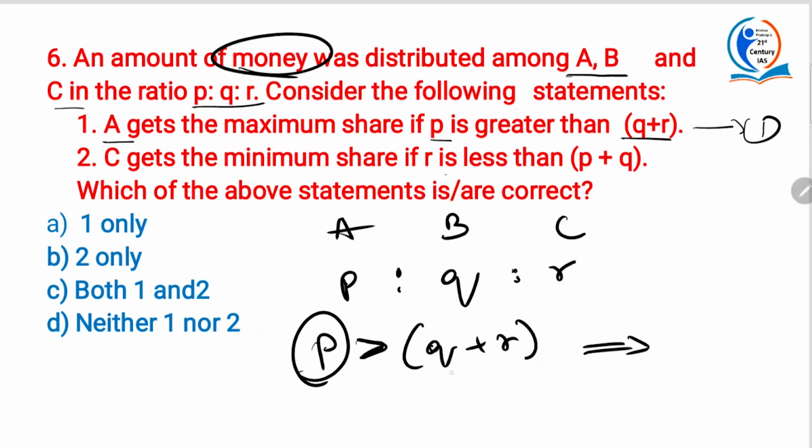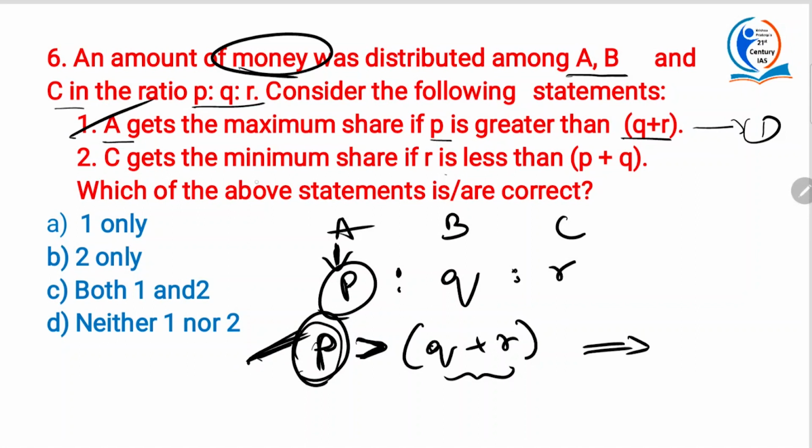So Q plus R, the sum of 2 numbers, is less than this one, which means P is the greatest of all the numbers. Which means P is the share of A, so A will get the maximum share. P is the largest of all the 3 numbers, which means A is getting the maximum share. So, the first statement is correct.